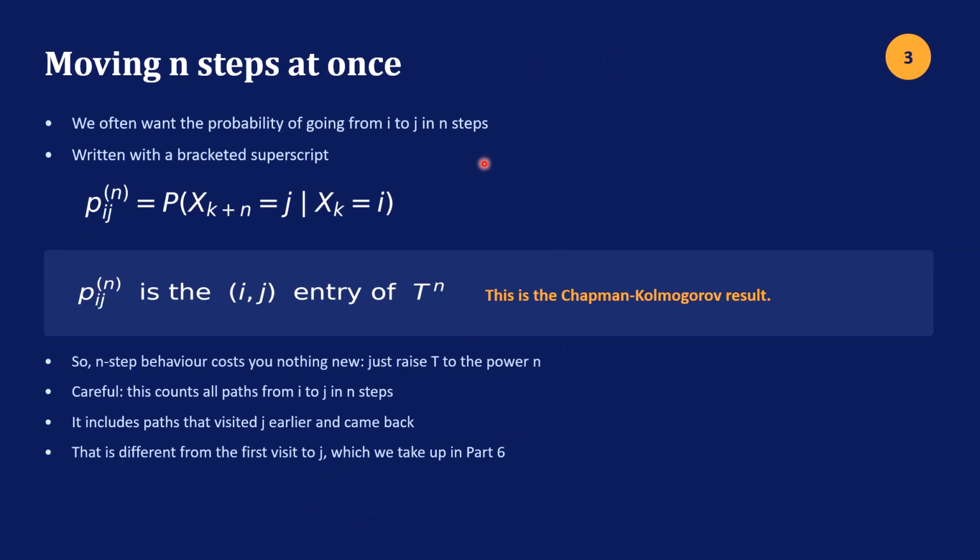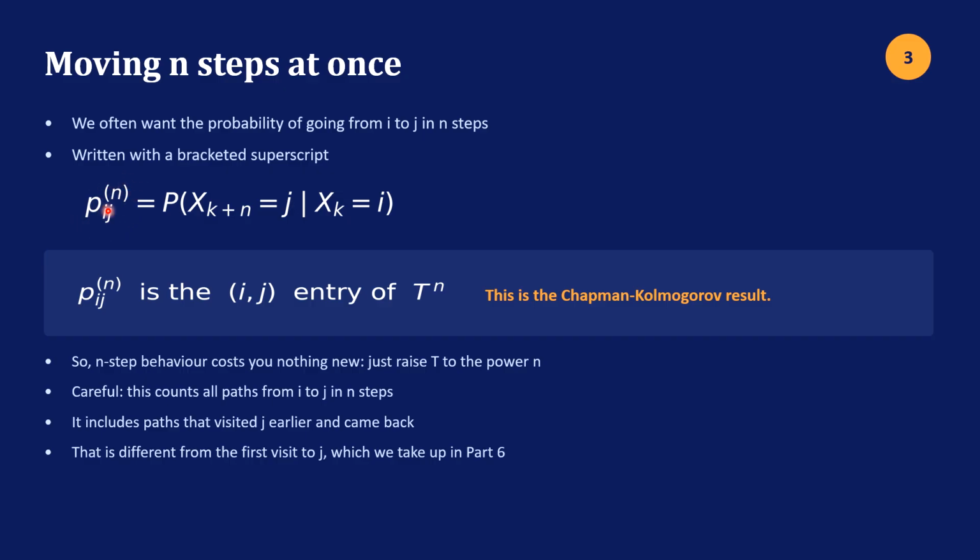So here it gets a bit more interesting. If we want to move n steps, we want to know the probability of going from state i to state j in n steps, which we write as Pij^(n).